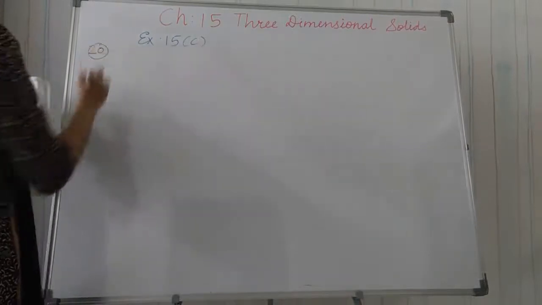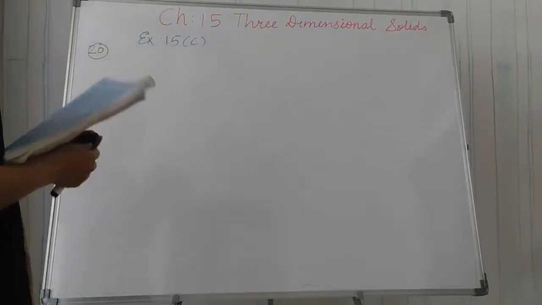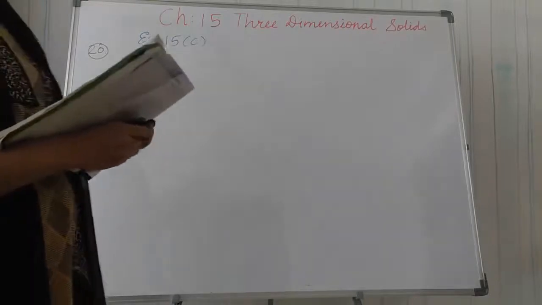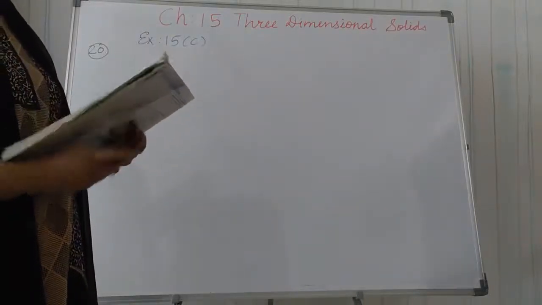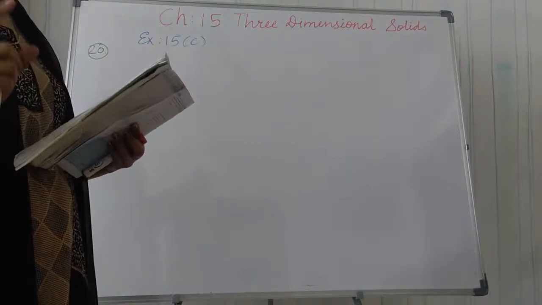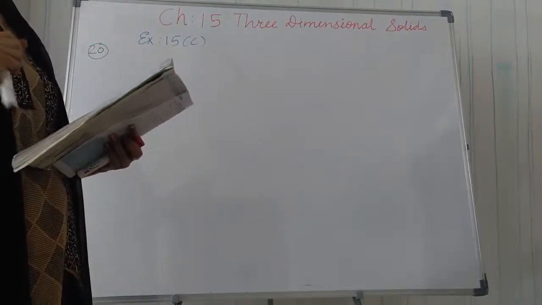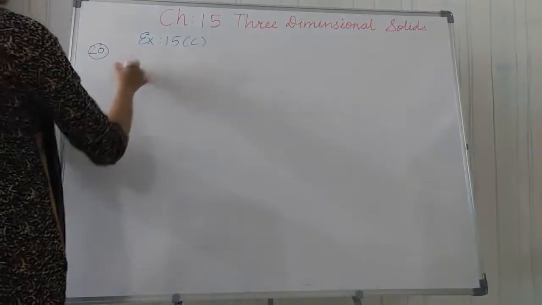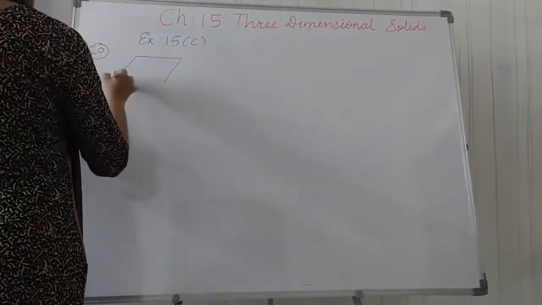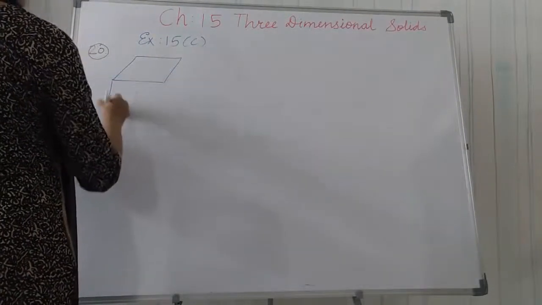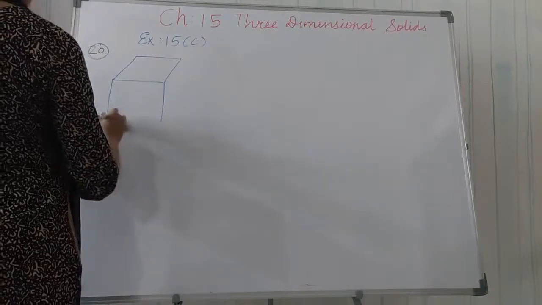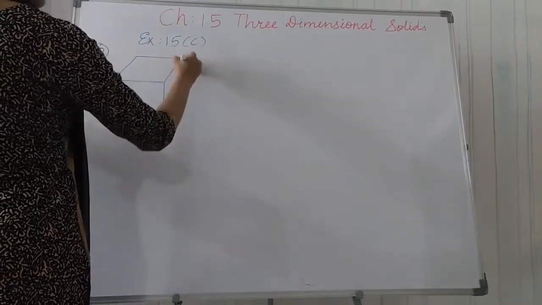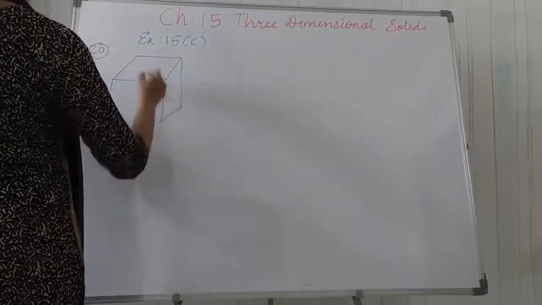Question 20. Find the volume of the largest circular cone that can be cut out of a cube whose edge is 9 cm. Figure is also given in the textbook. So let me draw the figure for you so that you can understand it clearly. There is a cube shape given here in the figure, and from it we have to cut the cone.